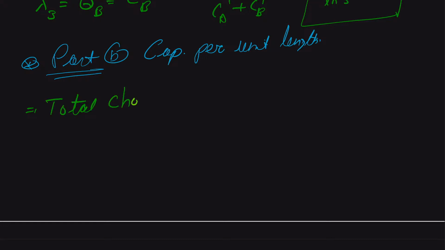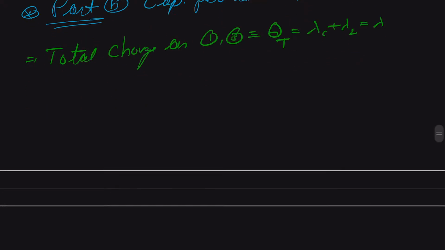total charge on 1 and 3, let us call this Q total, and that will be equal to lambda 1 plus lambda 3, which is equal to our lambda. And the voltage, we already know that our delta V is equal to our lambda upon CA prime plus CB prime.